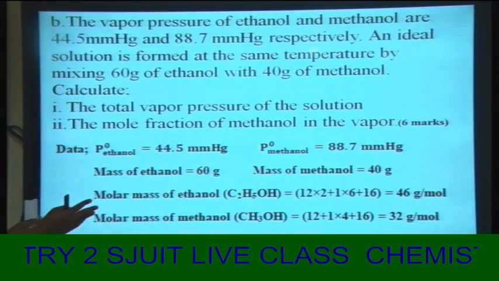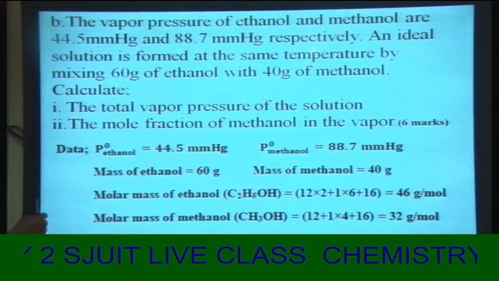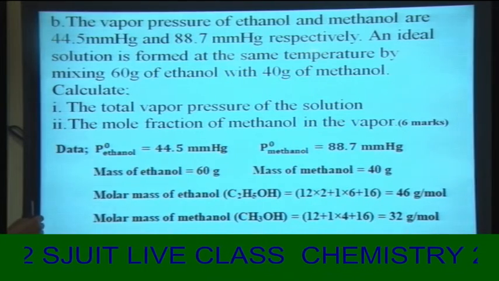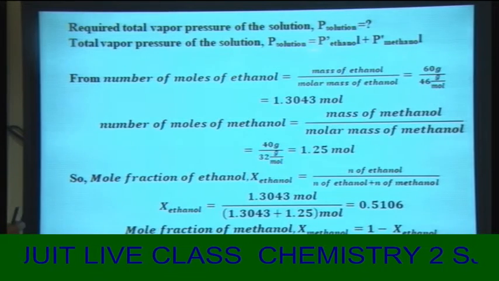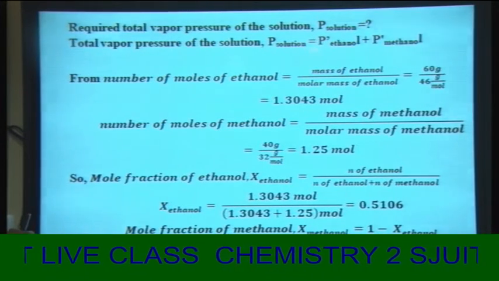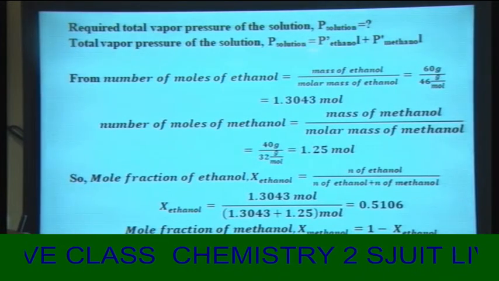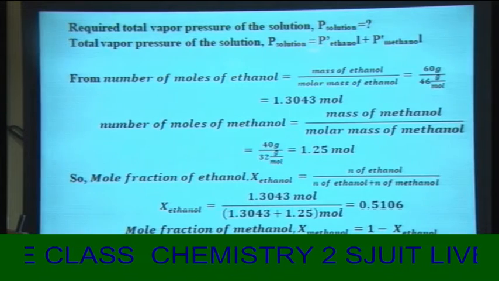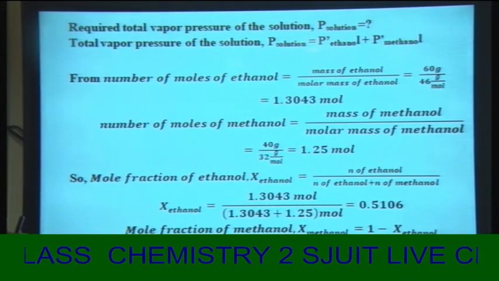From this data, we need to calculate the total vapor pressure of the solution. For this question, we need to refer to the general formula from Raoult's law. When you mix 2 individual components, what happens to the pressure term?